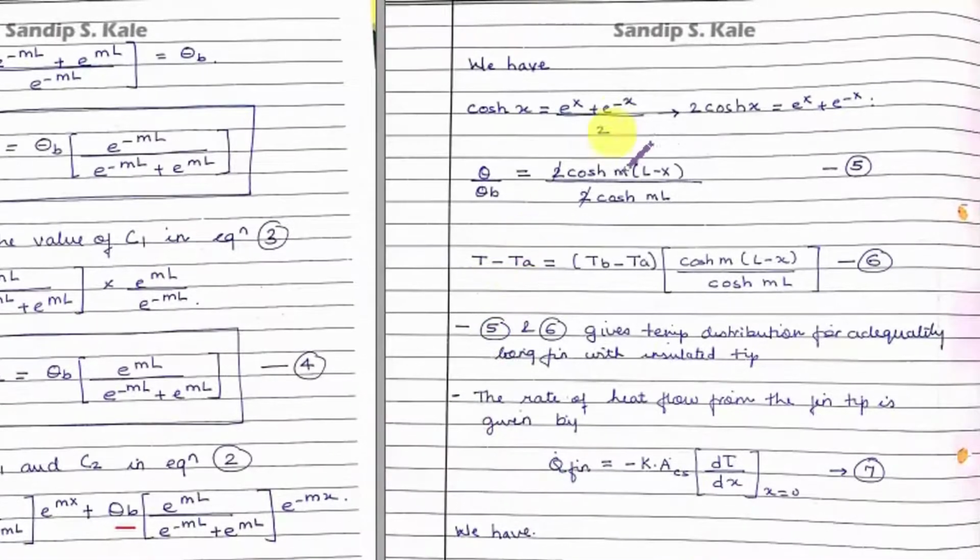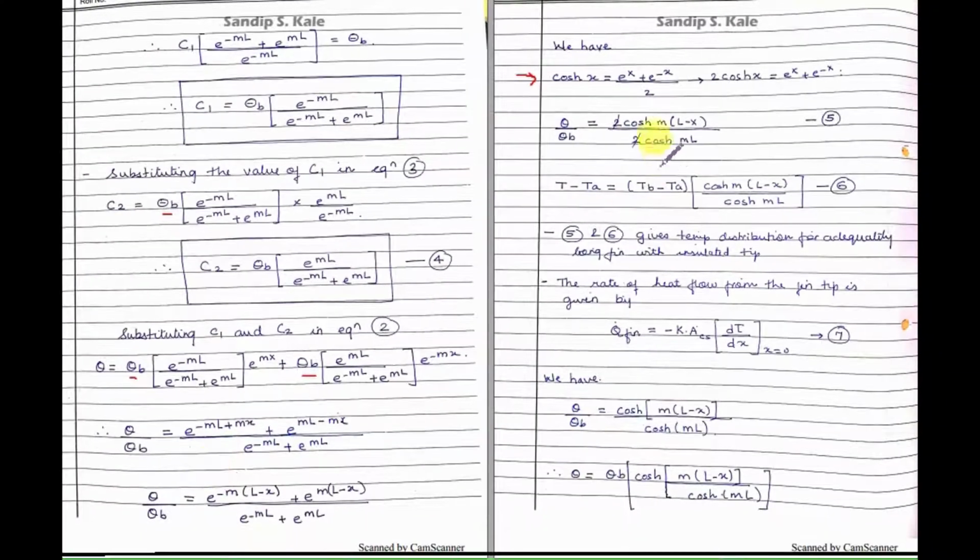Now there is one formula that e to the power x plus e to the power minus x divided by 2 is equal to cos hyperbolic x. This is the formula that you are supposed to keep in mind. Very important formula. So here we have the term e to the power minus x, where x represents this whole term, plus e to the power plus x and this whole term, right?